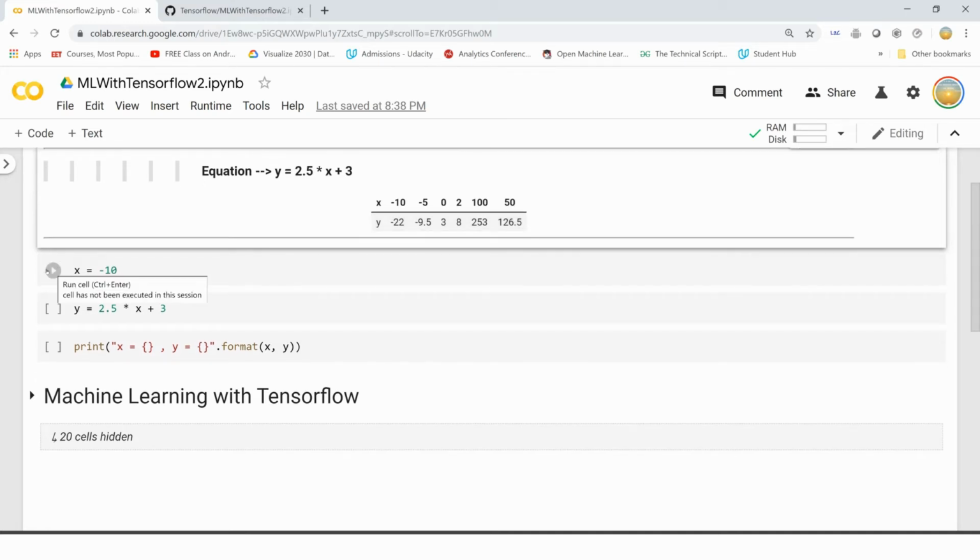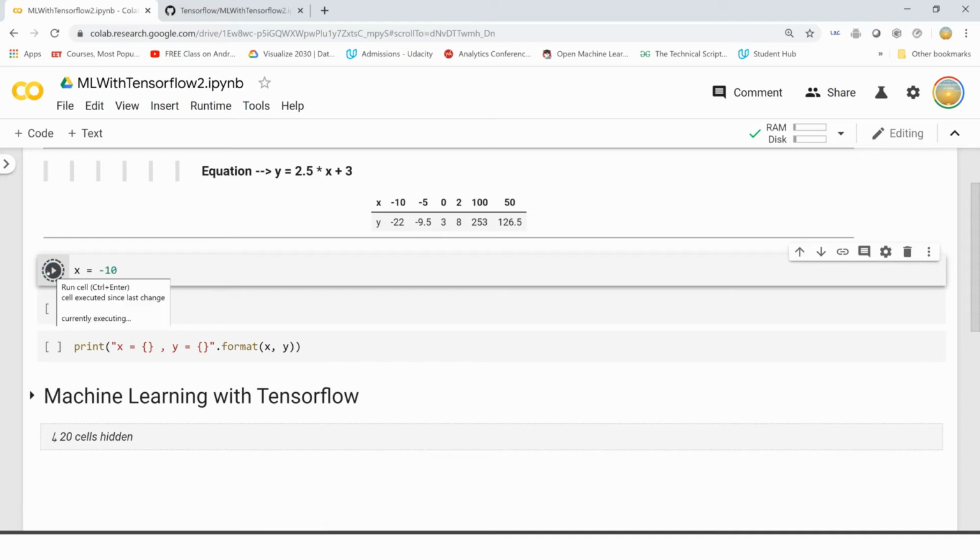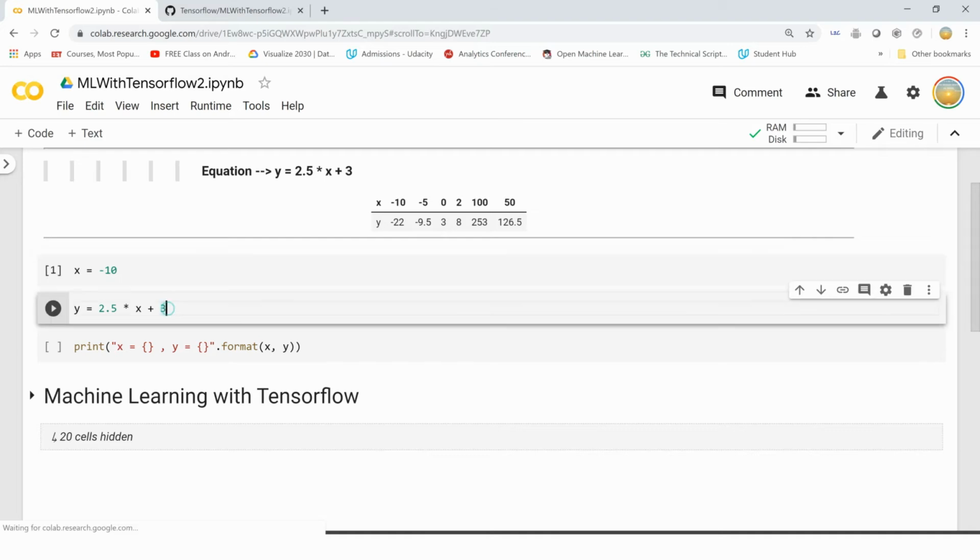Suppose to this function, I'm taking the input as x equals -10. So let me run this cell. Now I'm feeding the machine, my computer, this algorithm, which is y equals 2.5 times x plus 3.